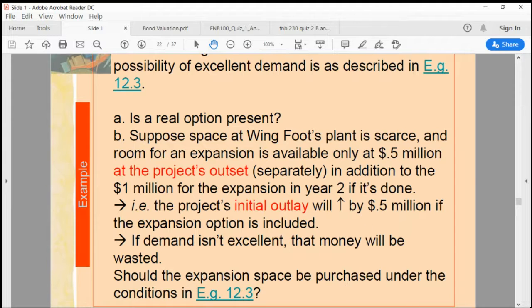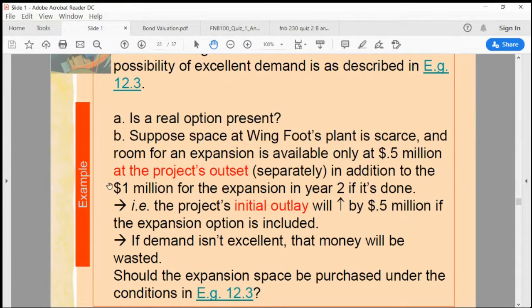So that means there is an 18% probability that it's going to be excellent. But on the other hand, 0.6 times 0.7, 42% probability that the demand will just be good, not excellent.